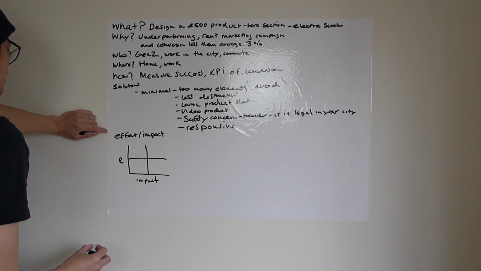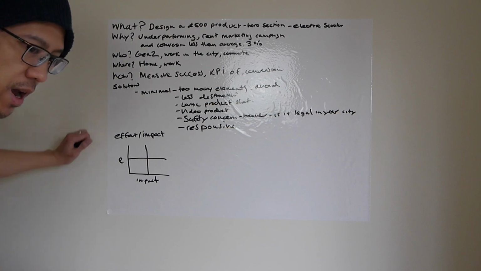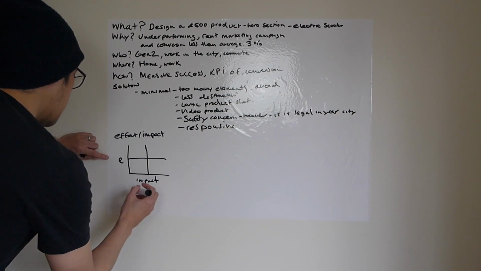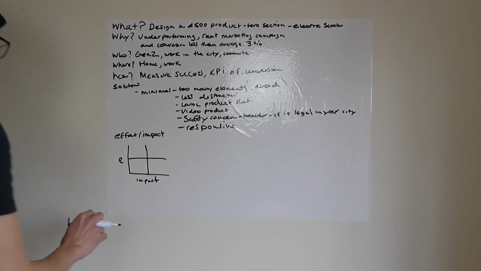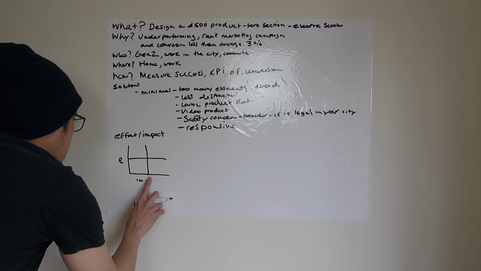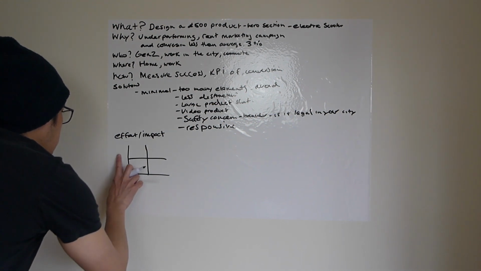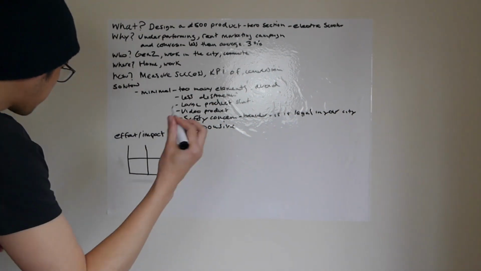Okay, let me just think now. I think I wrote this the wrong way. So effort is low, impact is high. Okay, so let me just do that again. So, wrote that wrong there.